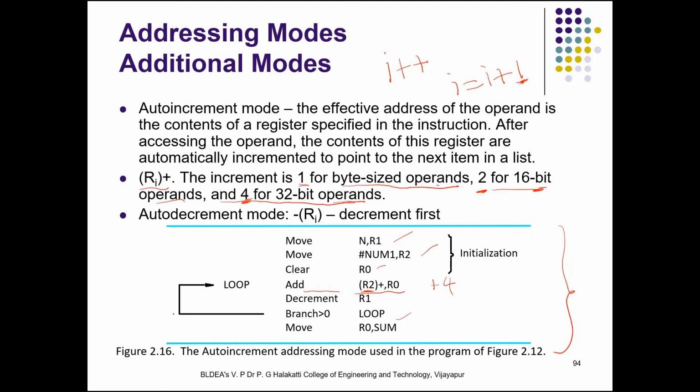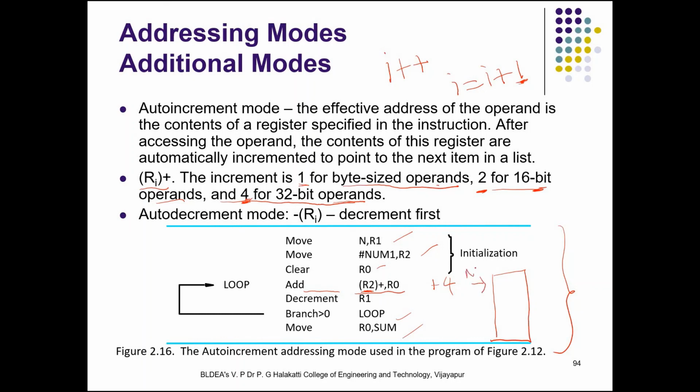If not, I am repeating the loop, otherwise I am coming out of the loop and the sum in R0 is stored into a memory location called sum. I hope you understood this program. We have already dealt with this.